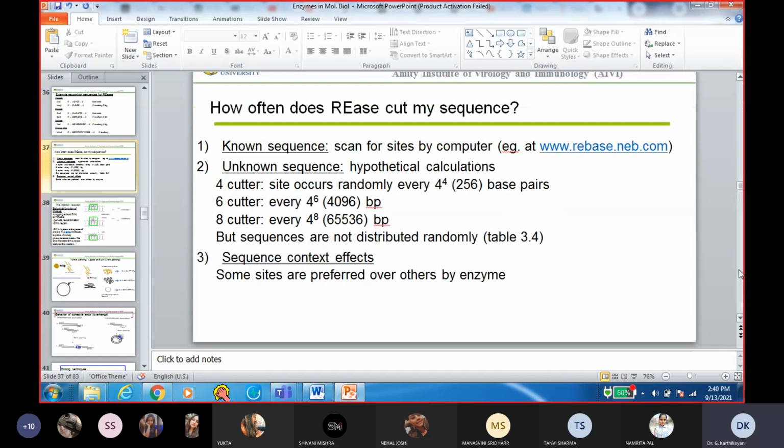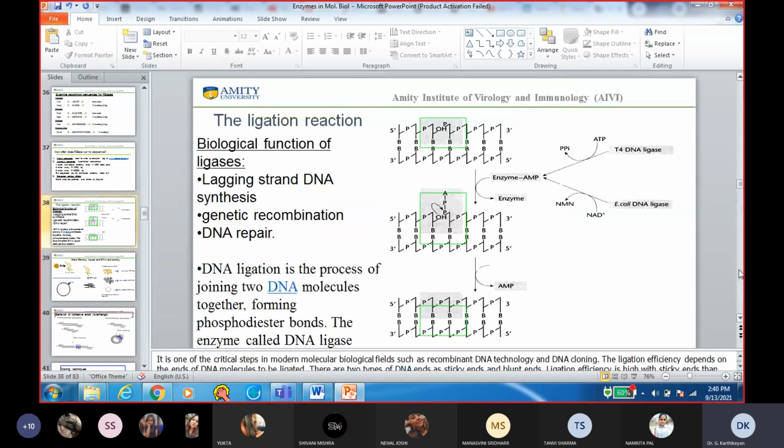Okay, one important thing. After you do your restriction digestion, one of the purposes is to clone the fragments into some kind of vector so that you can have clones of it. This is typically accompanied by doing a ligation reaction, right?